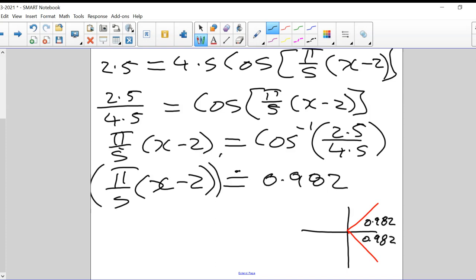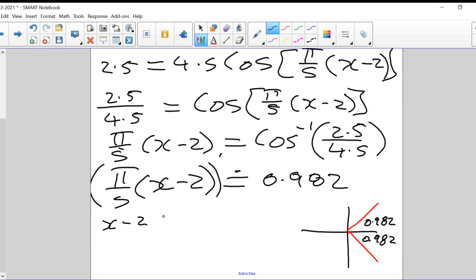0.982. Okay, so Jeremy just said divide by pi over 5. I'm going to say multiply by 5 over pi, because that essentially is the same thing. Multiplying by the reciprocal has the same effect. So x minus 2, oh, by the way, these two angles are the two angles that we're going to be focusing on. Let's focus on the first one, 0.982.